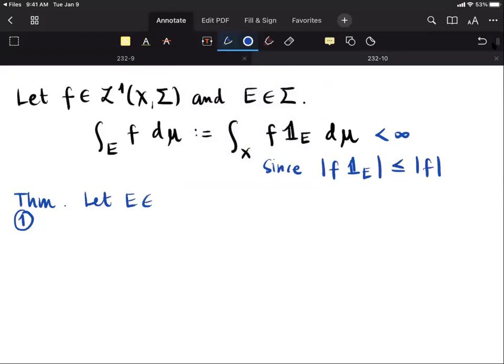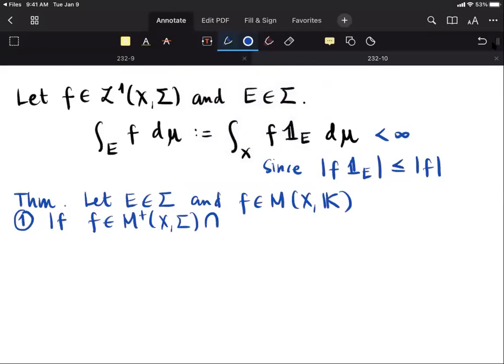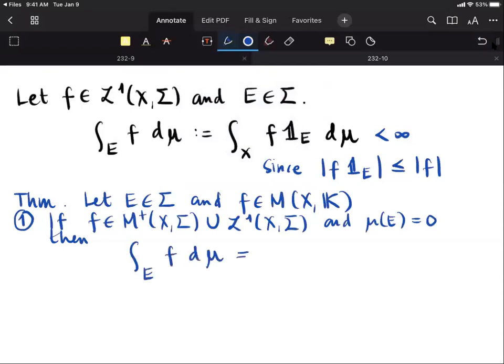So let E be measurable as well as F. Now, in addition, if F is non-negative and it is Lebesgue integrable, and the measure of E is equal to 0, then the Lebesgue integral over E of F is 0.